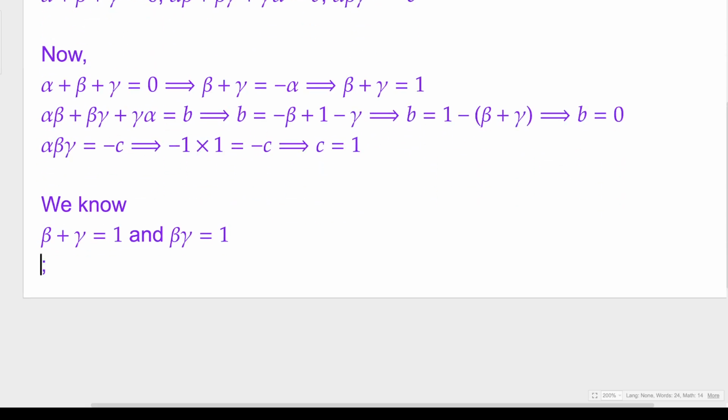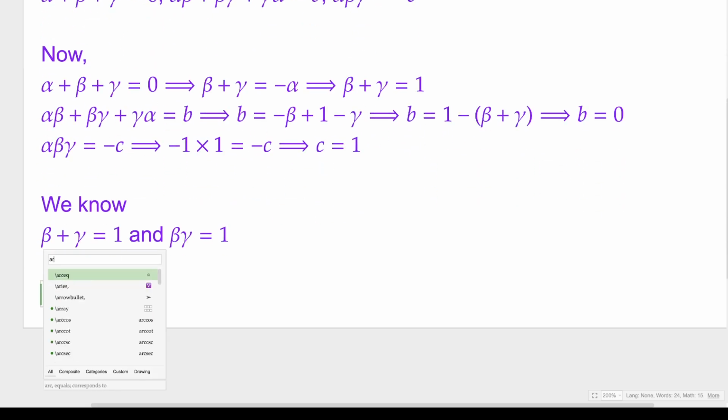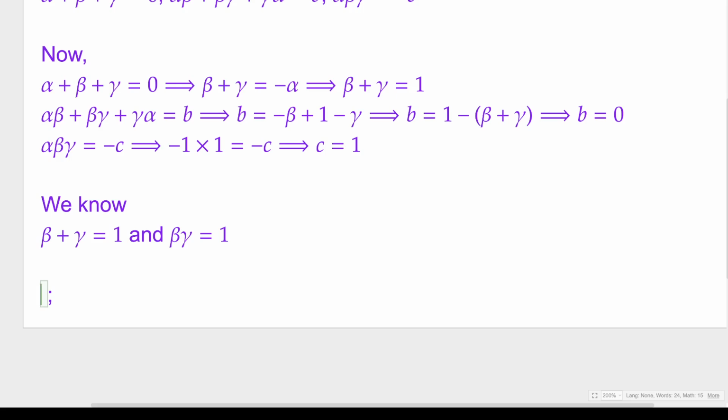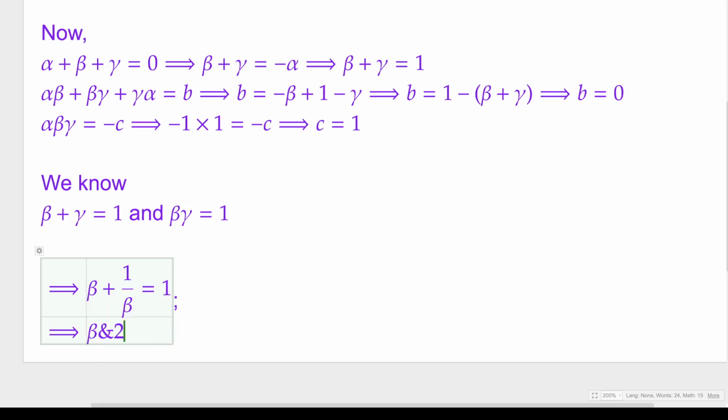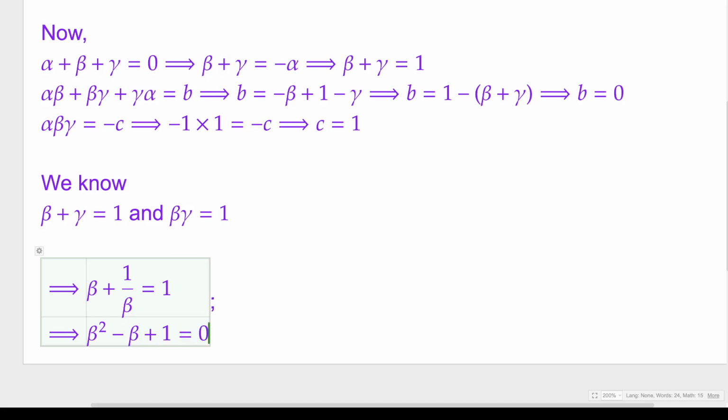So from this one we can definitely say that gamma can be replaced as 1 over beta, right? So that will be equal to 1. Now if I rearrange the terms and write the equation properly, this will be beta square minus beta plus 1, that is equal to 0.